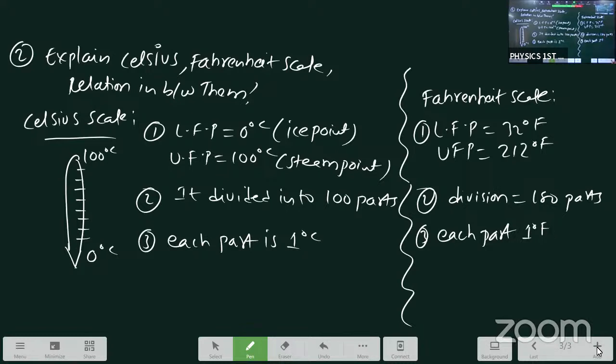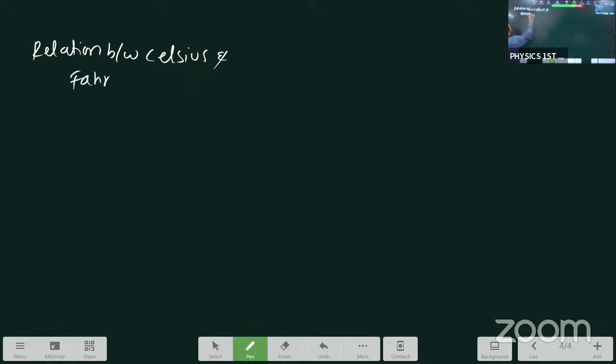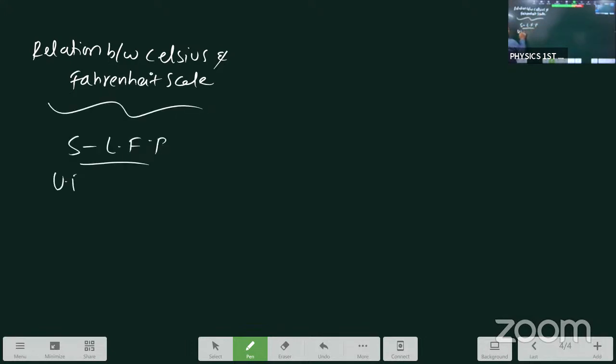Now, what is the relation between the Celsius and Fahrenheit scales? Here, student, (S minus LFP) by (UFP minus LFP) equals a constant.